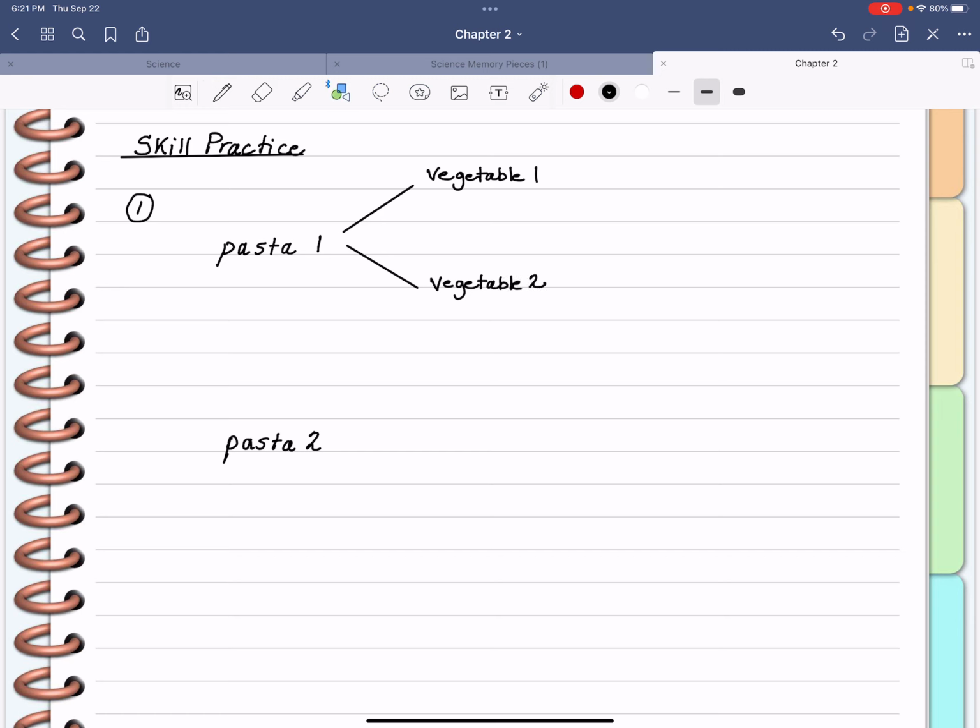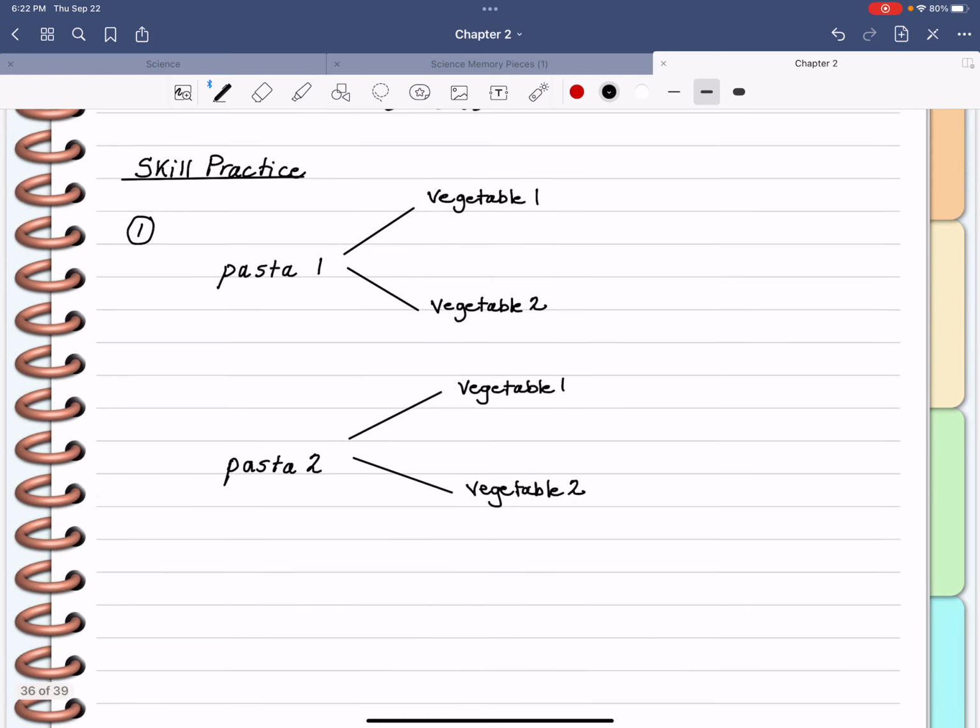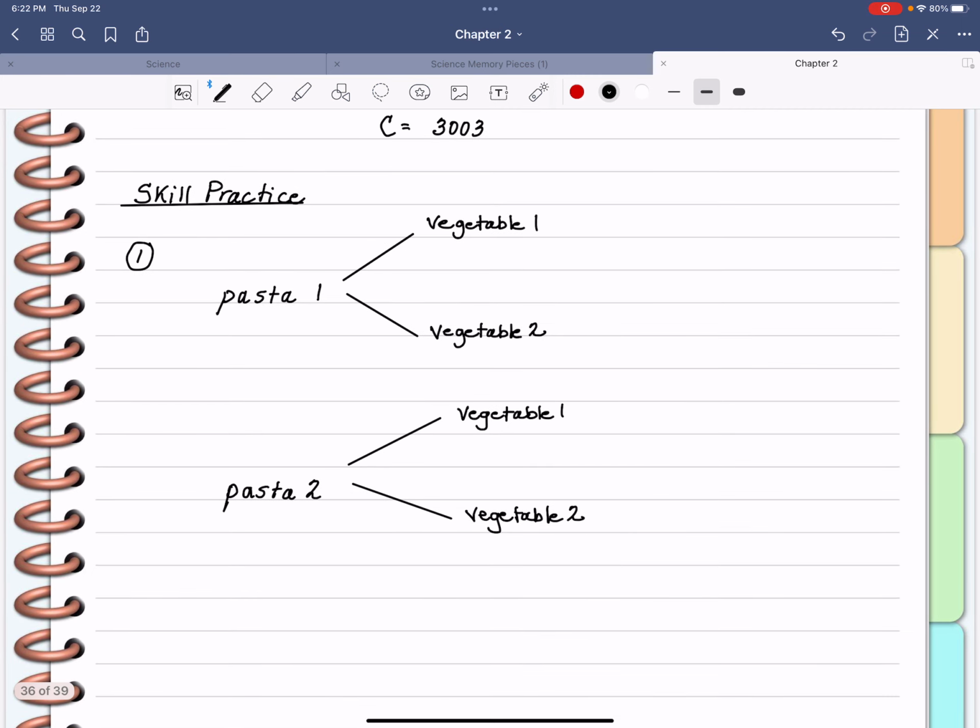If she chose pasta 2, she could also choose vegetable 1 or vegetable 2. And then once she's chosen the pasta and the vegetable, she still needs to choose the fruit.